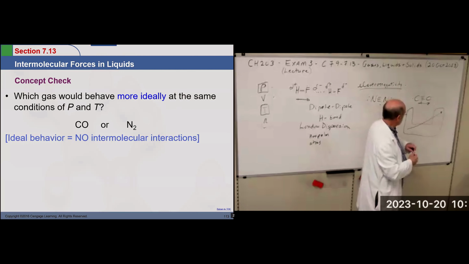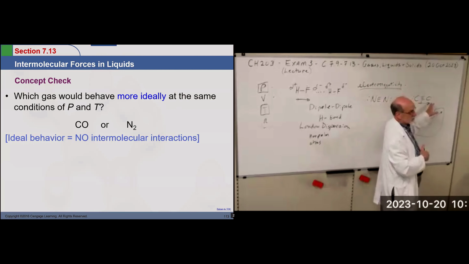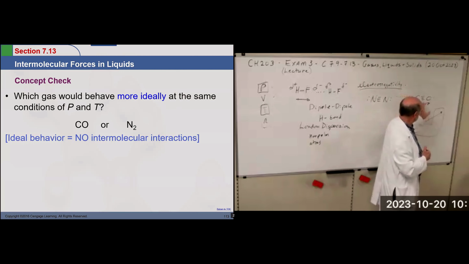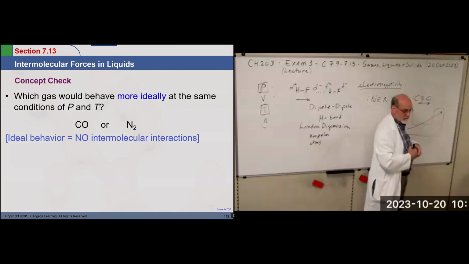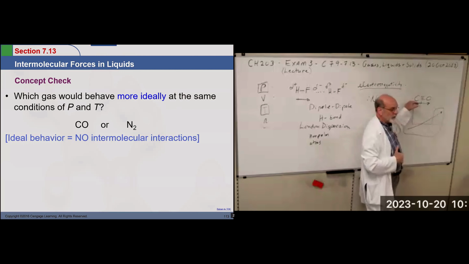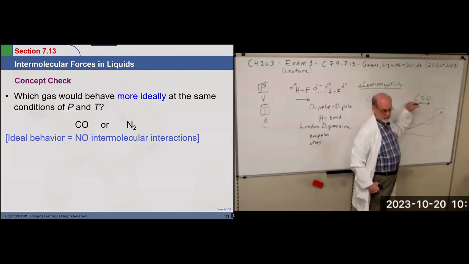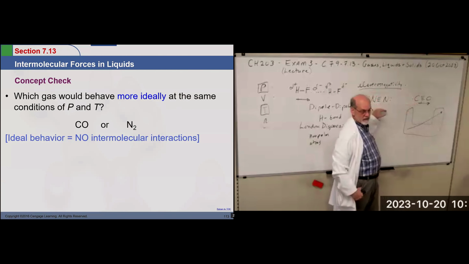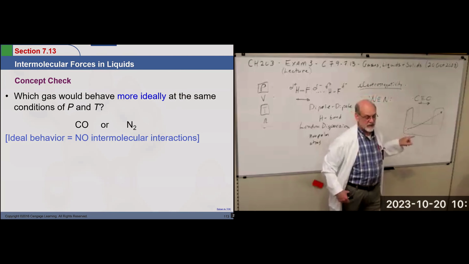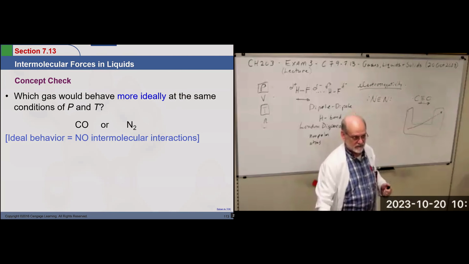So all you have to do is say, which one's to the left of oxygen? Well, carbon's to the left, so it's less electronegative. So that gives you a dipole, and then you have permanent dipole interactions, not temporary London dispersions. This would behave more ideally because the forces are weaker.